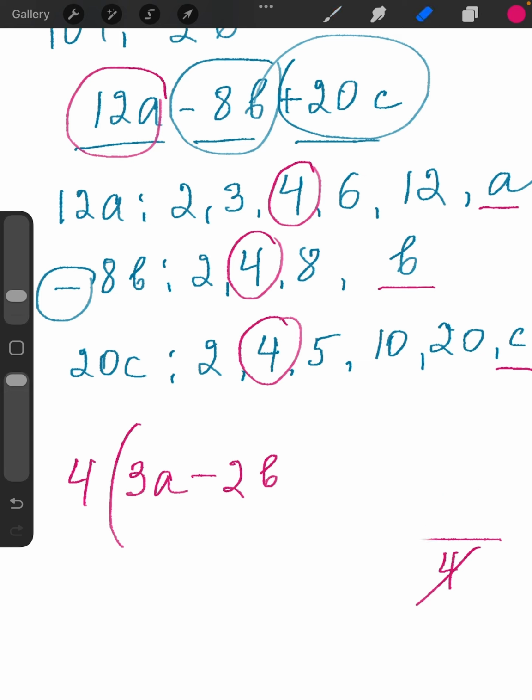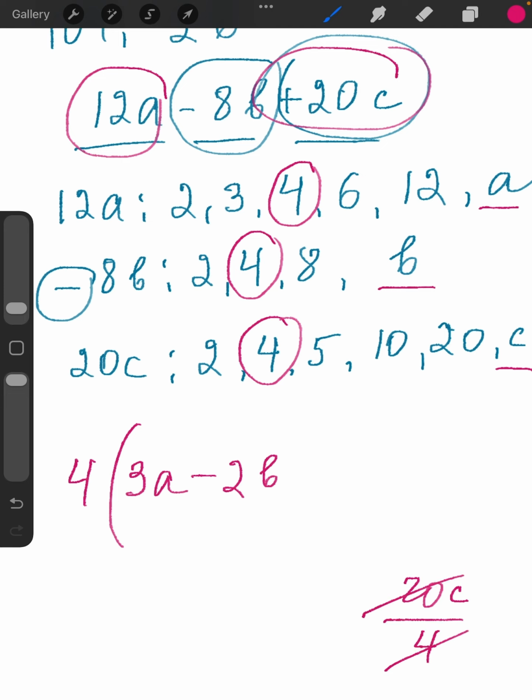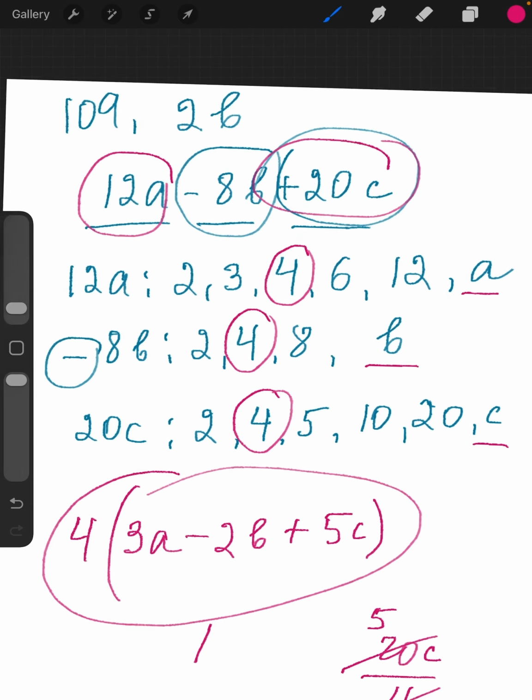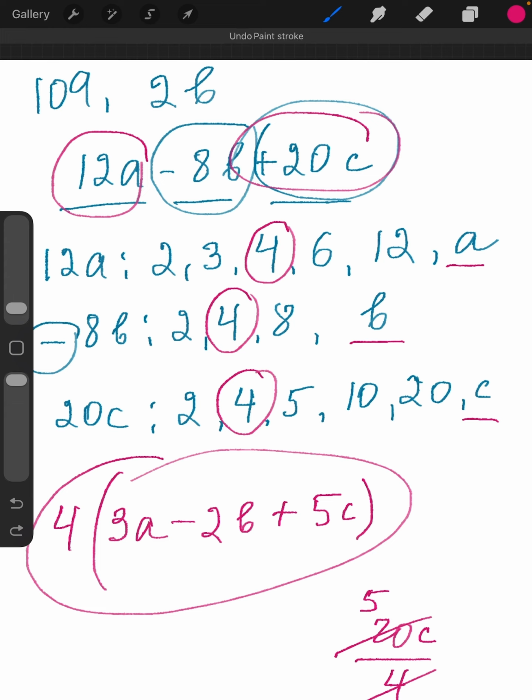Forgive me, I have to erase things here as we go. And our third one is, right, 20c divided by 4. Let's divide rather, and we get 5c. And that is your final answer for exercise 2b. Okay? All right.